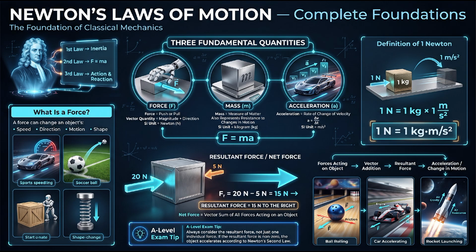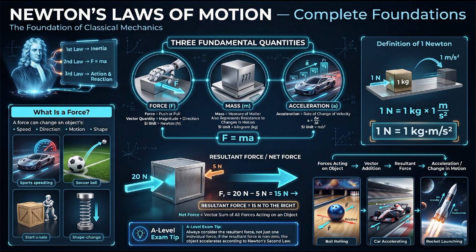Acceleration describes how quickly an object's velocity changes with time. Since velocity includes both speed and direction, acceleration can occur when an object speeds up, slows down, or changes direction. The mathematical expression for acceleration is acceleration equals change in velocity divided by change in time.